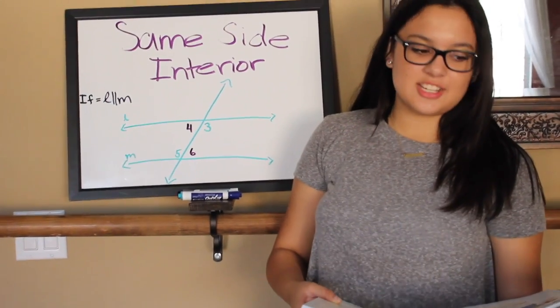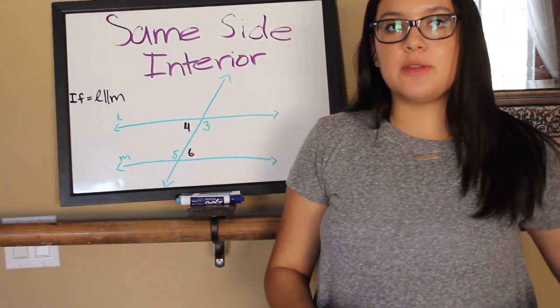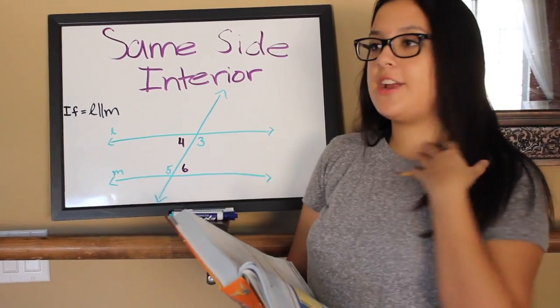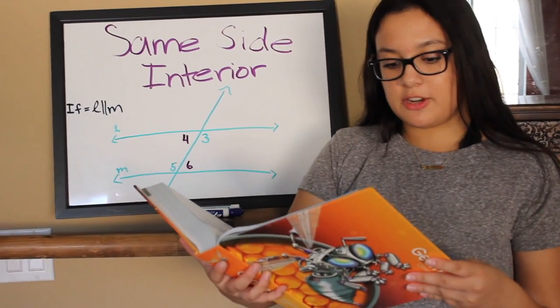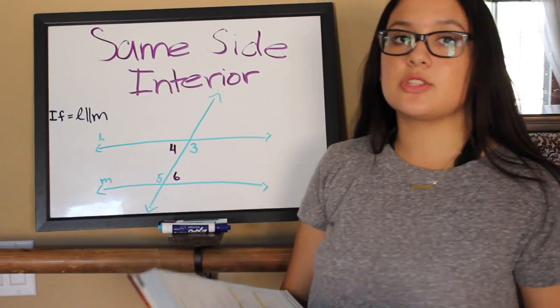The next section, section 3-2, we're going to learn about properties of parallel lines. And one example of this is the same side interior angles postulate. And this is if a transversal intersects 2 parallel lines, then same side interior angles are supplementary.